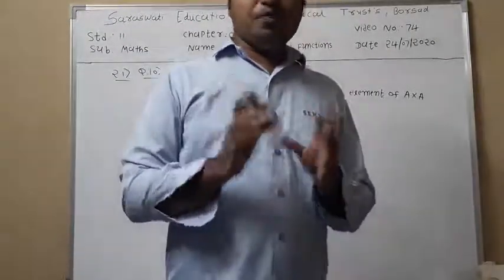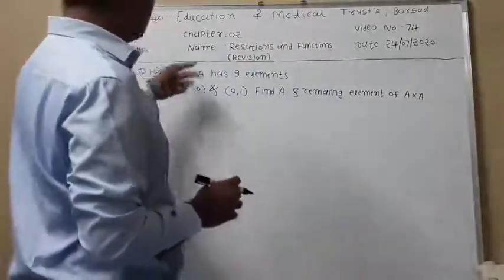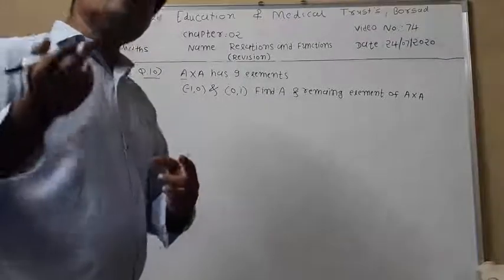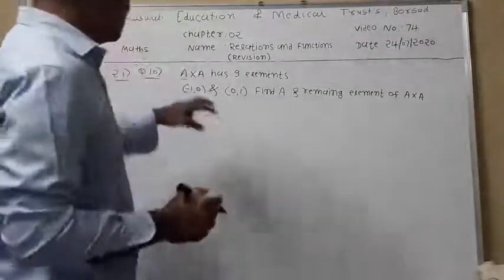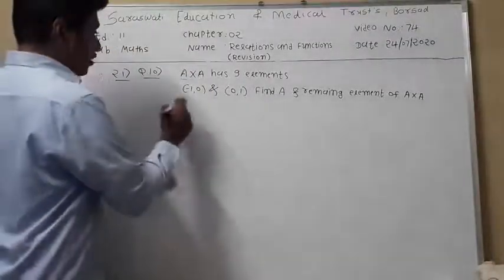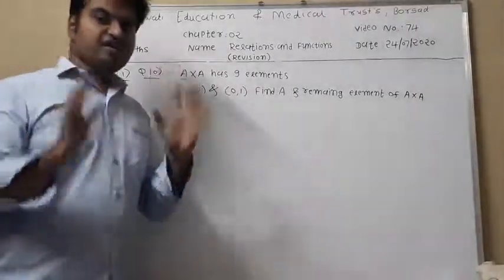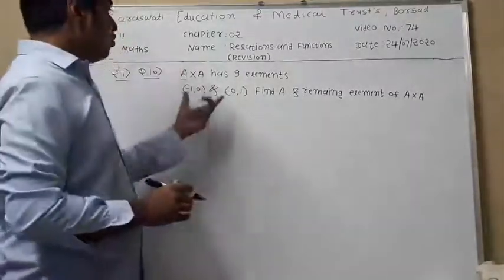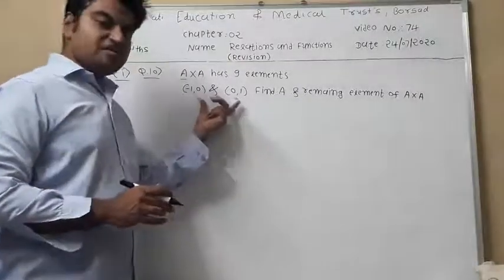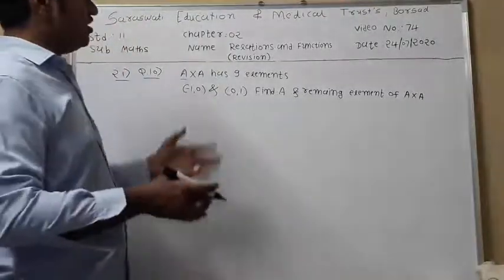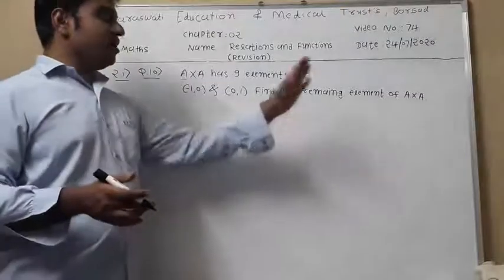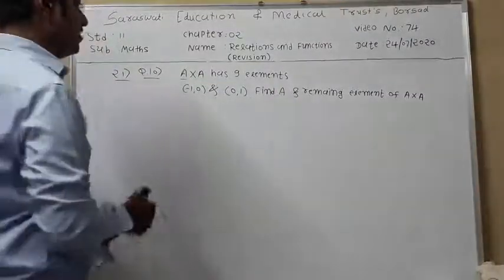Now here a total of 9 elements is present, meaning 9 ordered pairs, and 2 ordered pairs are given. Now our question is to find set A first, and after that find the remaining elements of A Cartesian product A.